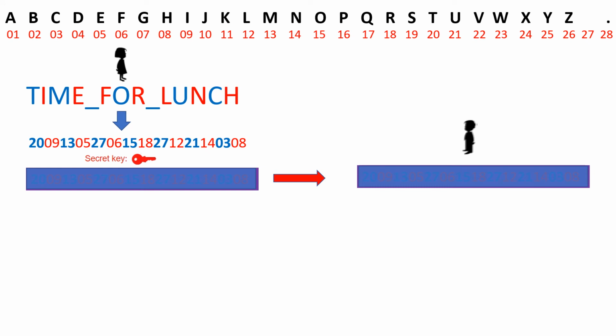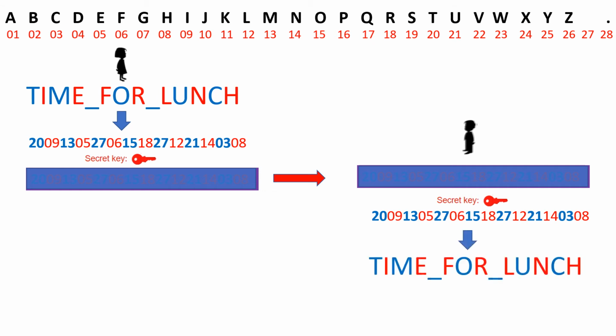Bob would get this, and he wouldn't have the original message, he wouldn't have the 2009 message, he would have this other message that somehow has been changed around. But if he has that secret key, then he would be able to decrypt that message and come up with this, and then use that alphabet trick to come up with time for lunch.